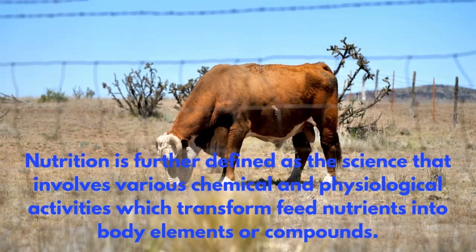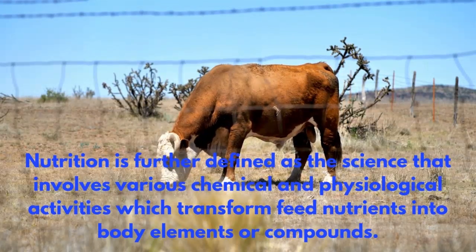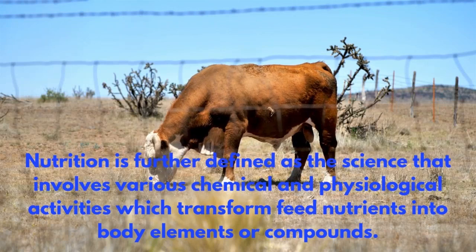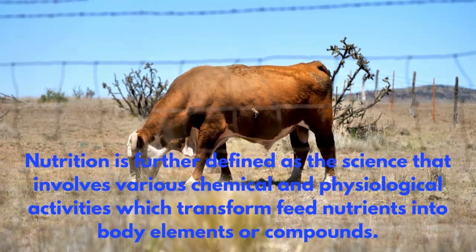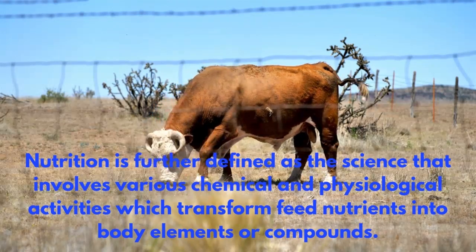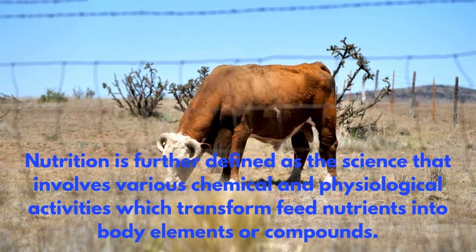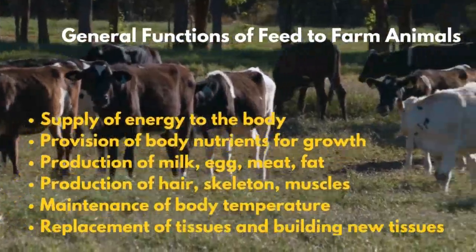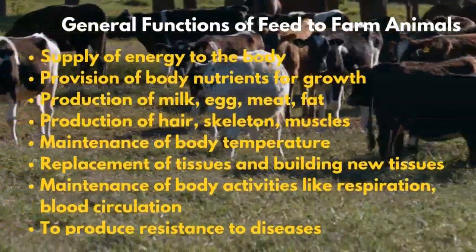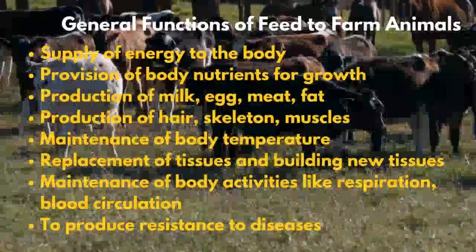So the feed nutrients could be protein, carbohydrates, fiber, vitamins and minerals. How this feed nutrient is transformed from its regular form in the feed down to what the farm animal can utilize is referred to as animal science. Animal science is very broad.